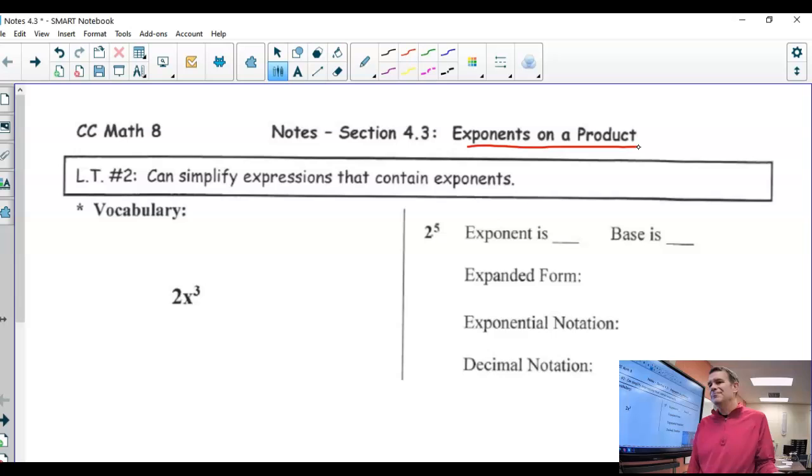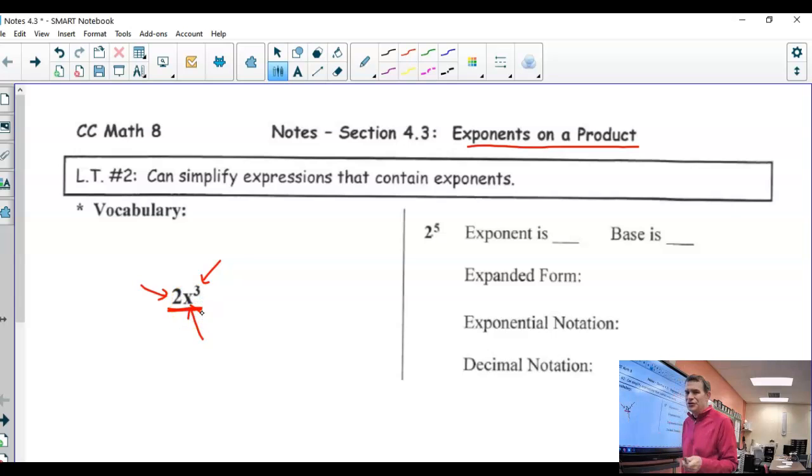But before we do that, we're going to talk a little vocabulary. Right here, I have a term, and I think it's important to know the parts of the term. Of course, we have the 3, the 2, and the x.